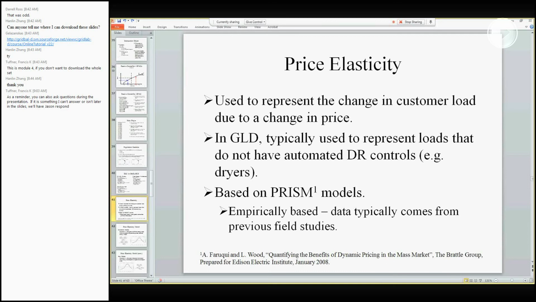It's all about what's that dollar amount that will push consumers into providing that response. And the higher that price is, the more response you'll typically get. But again, these are all driven by empirical studies and are not necessarily perfectly reflective of what might happen.